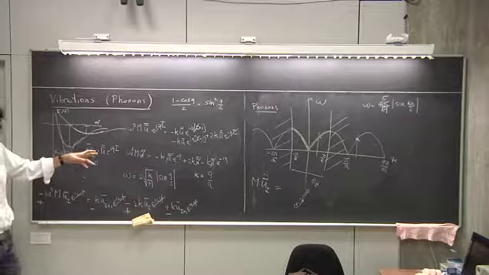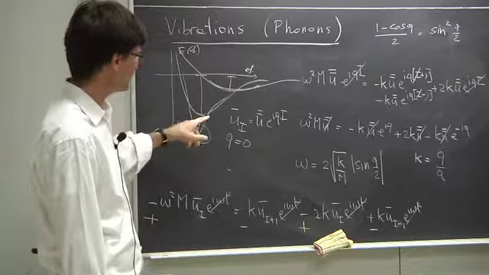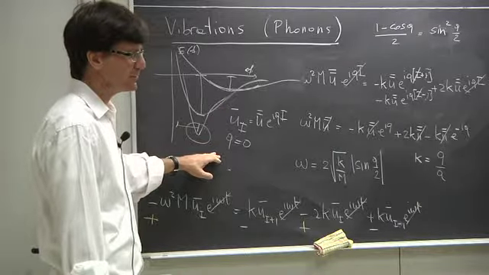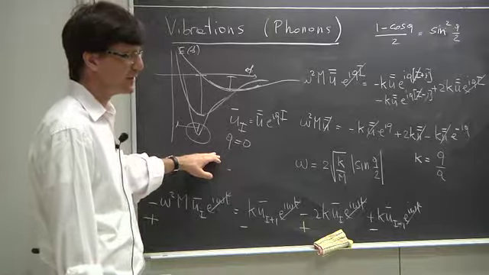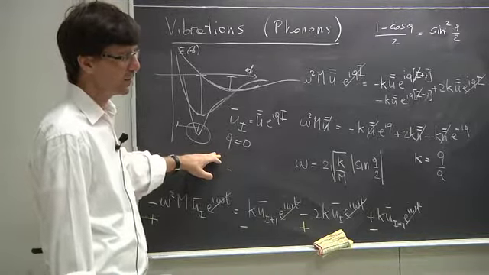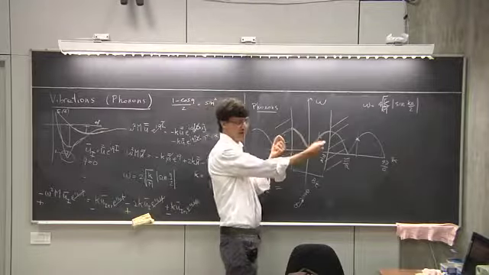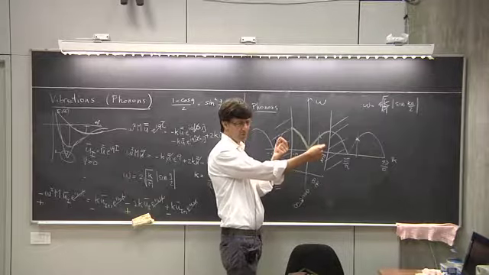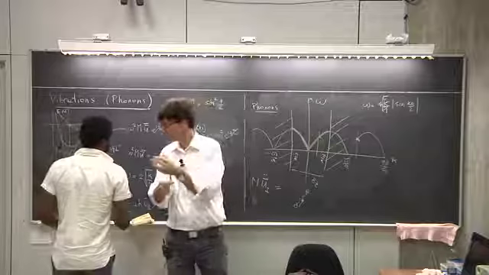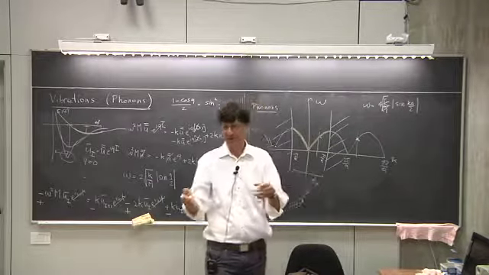We will discuss them on the next lecture. You're saying that if the starting point, you want to start with atom i moving to the right and atom i minus 1 moving in the opposite direction? Sure, okay. Actually, if you wish, you can.